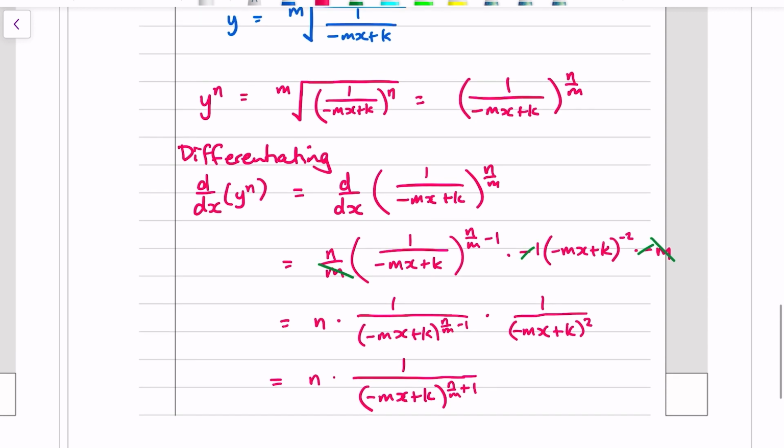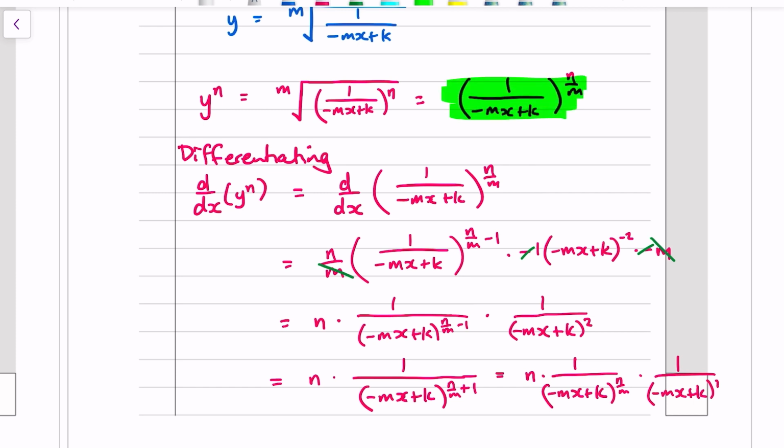And what you need to realize is using power rules again, we can write that as negative mx plus k to the n over m and 1 over negative mx plus k to the power of positive 1. That there is y to the n. So because it's in the denominator there, it's actually equal to 1 over y to the n.